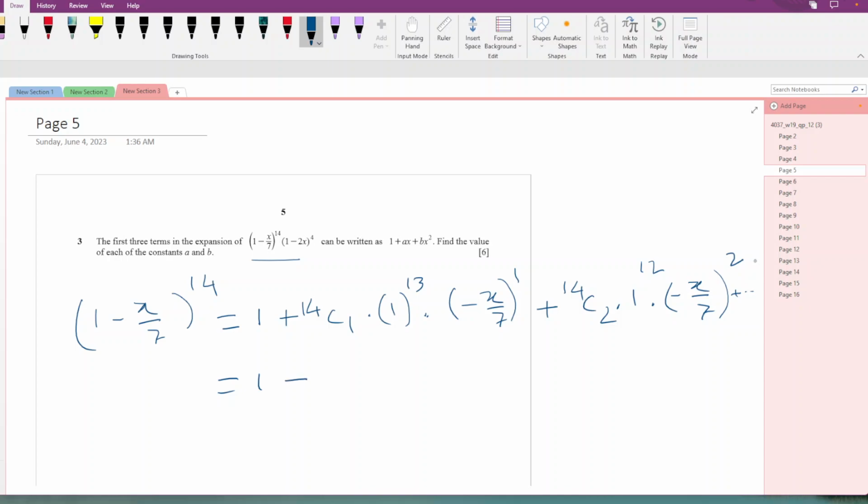14C1 is 14, and from here minus 1/7, therefore 14 into minus 1/7 is minus 2x, plus 14C2.